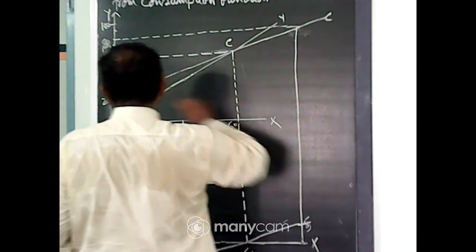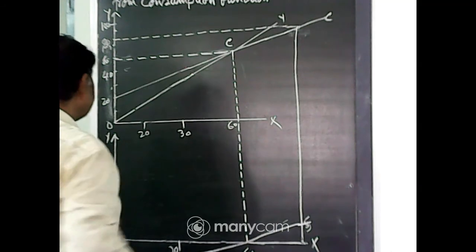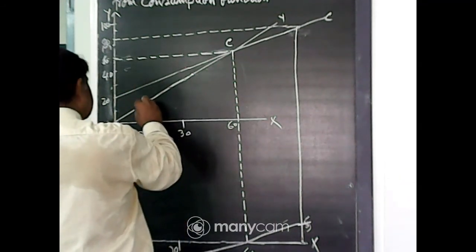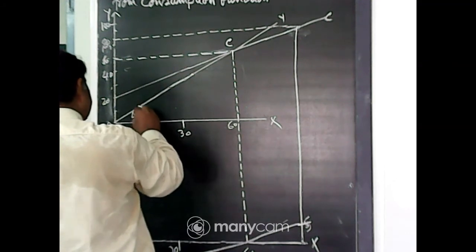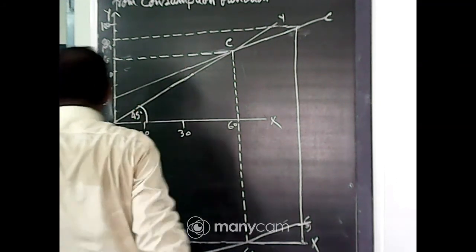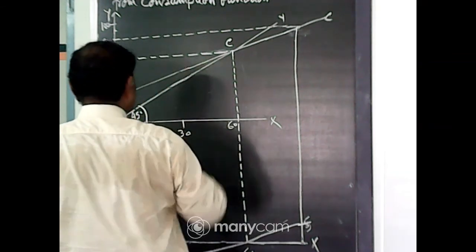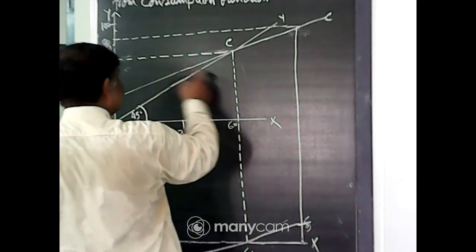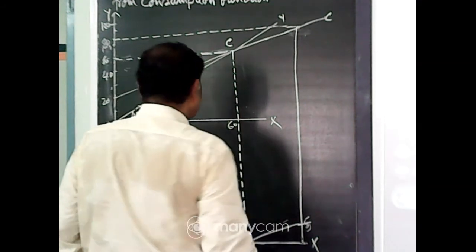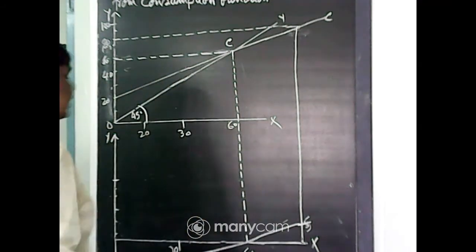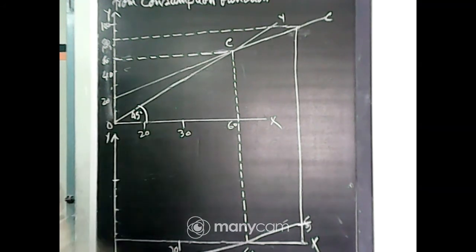Please follow that this diagram shows the Y, that is 45-degree line, indicating that with the increase of income, both the sides increase in the same ratio, and consumption line starts from 20 even if Y is 0.